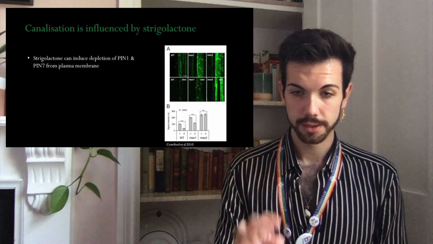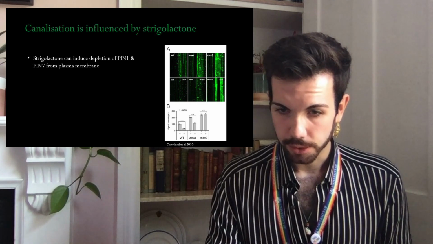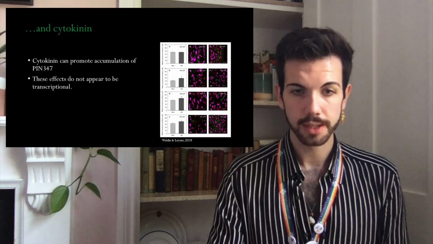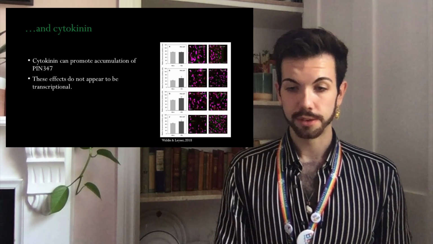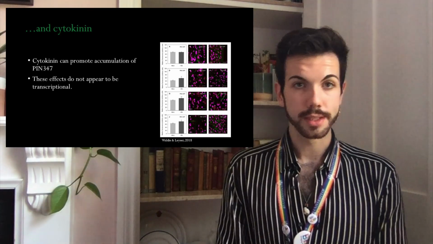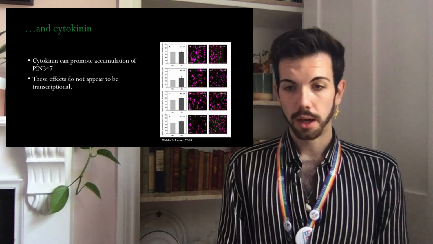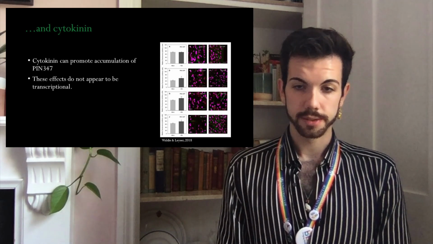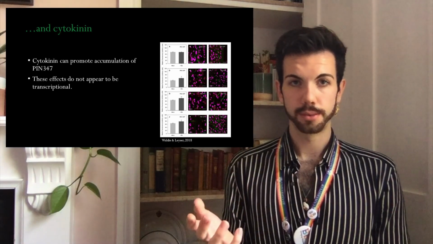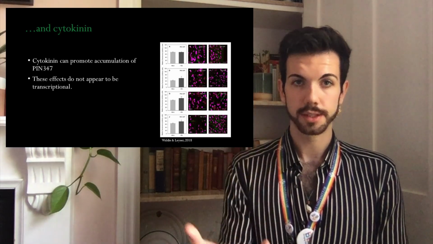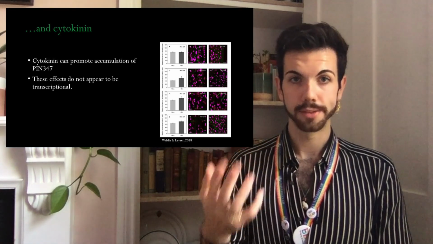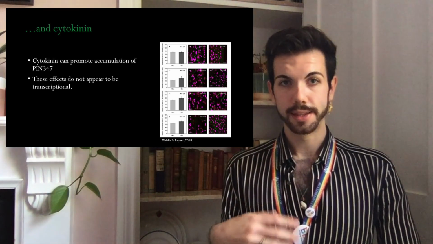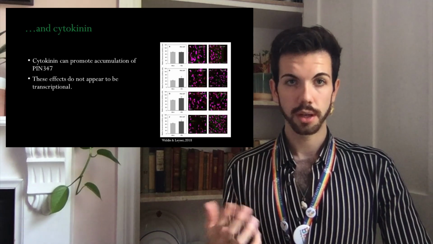So, moving on. We also see this with cytokinin, from a paper by Waldie and Leyser in 2018, so from my group, which shows that cytokinin is actually able to do the opposite. Where you apply a cytokinin, it actually increases the amount of PINs on the membrane, and this seems to not be a transcriptional effect.